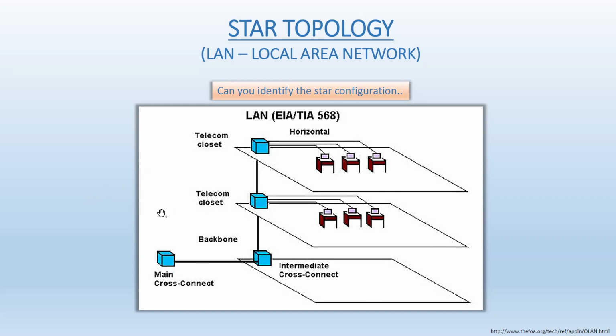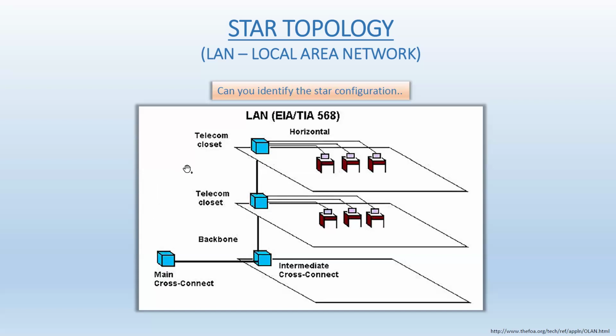So if there is a 24 port switch, and that area that is fed from this IDF needs more than 24 connections, then you're going to have another switch on top of that. And if there's need for more, you have another switch on top of that. Those individual switches make up one huge switch. Now, that cascade of the switches is going to be connected to something that's called a media converter.